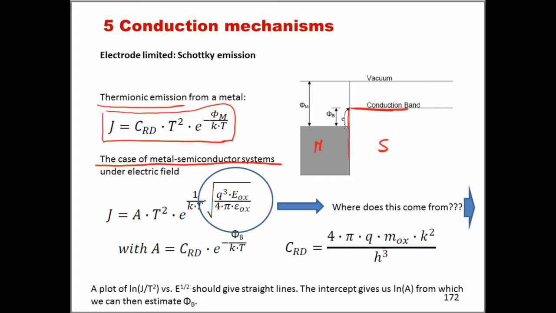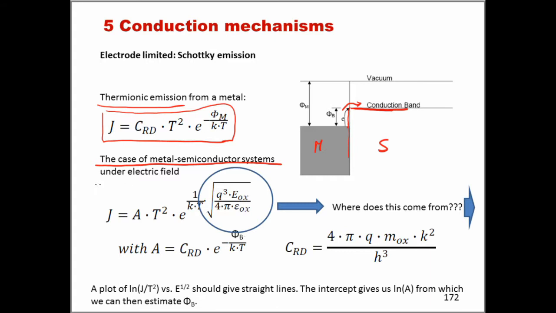So the electrons from the metal could potentially acquire enough thermal energy to move into the conduction band of the semiconductor, and so become in a way free from the metal. And the barrier they have to overcome is Φb, which is the energy mismatch between conduction band and Fermi level of the metal.